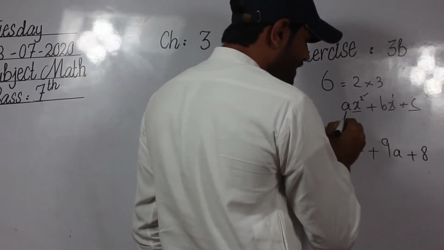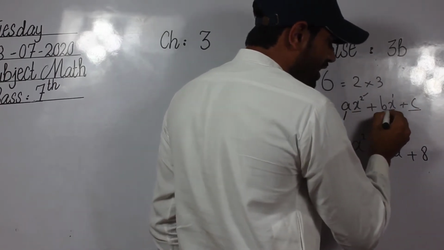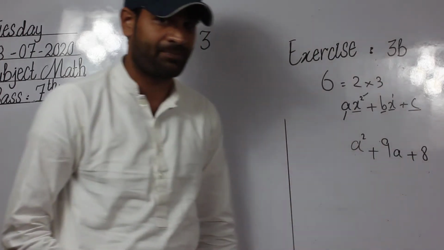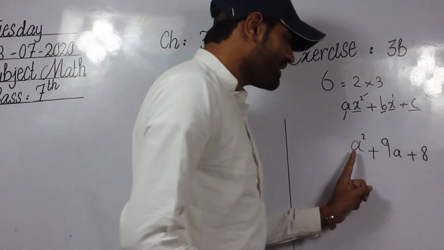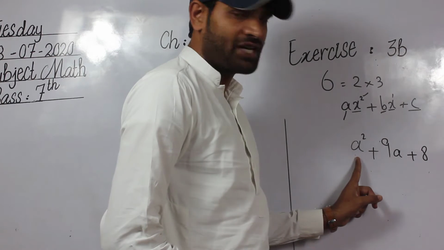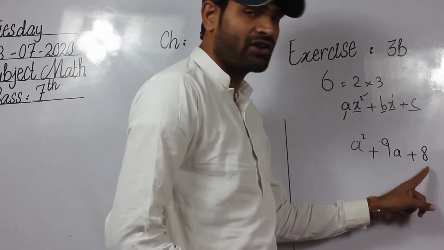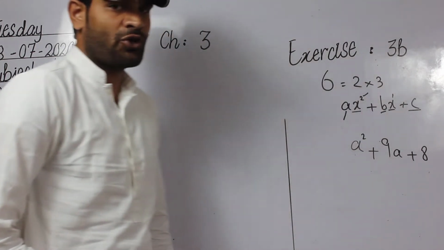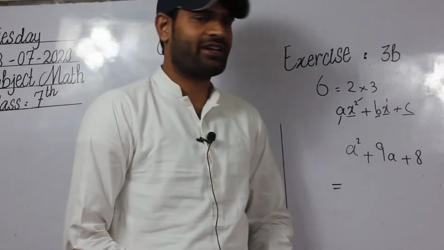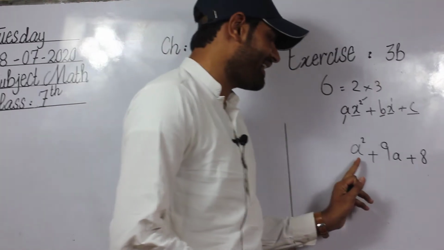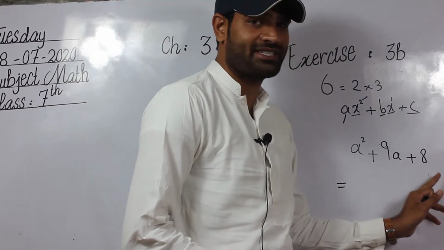A is the coefficient of x square, b is the coefficient of x and c is the constant. So here the variable is a and the quadratic expression has a square, a and a constant. So here I have the quadratic expression a square plus 9a plus 8.